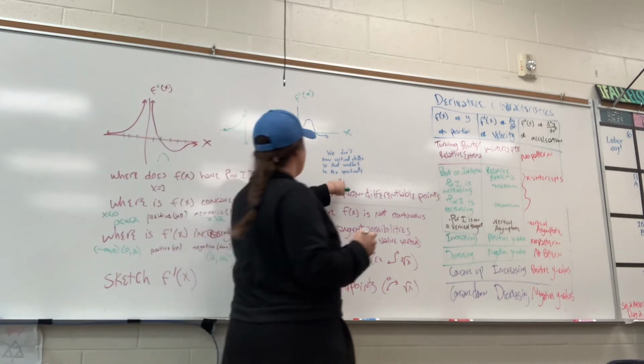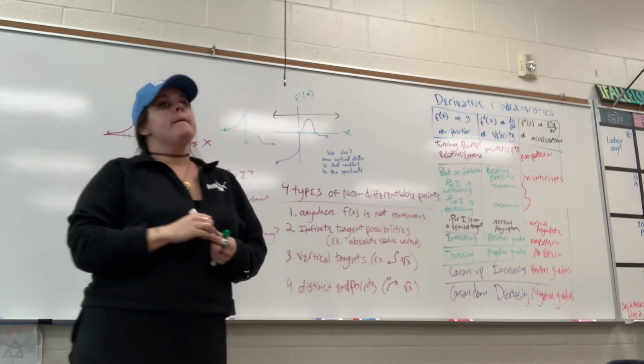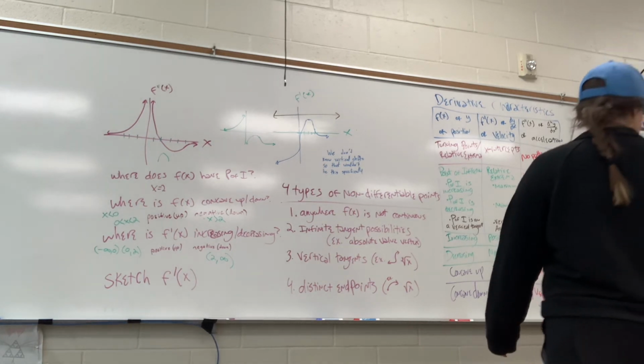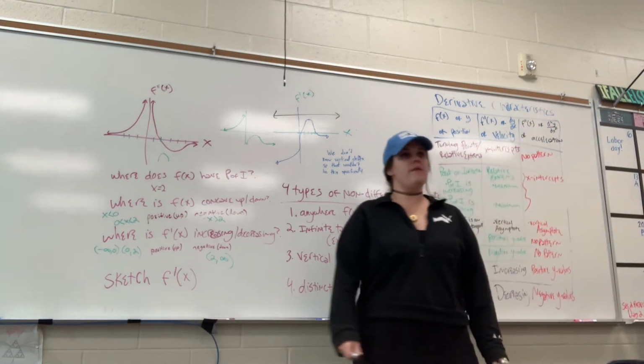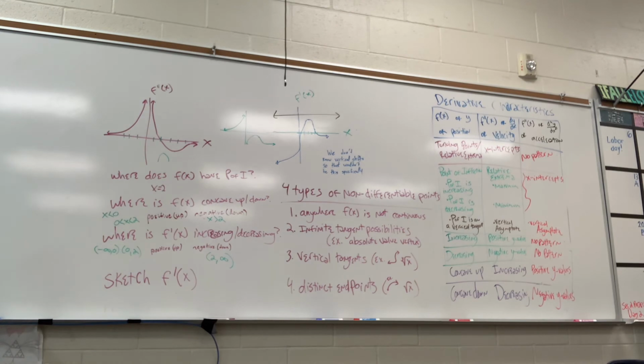Because it could have a vertical shift, we don't know, right? But would it matter where the x-axis was if I now wanted you to draw the original graph? Yes or no? Talk about that with your neighbor. Would it matter if my x-axis was brown or green if I now said draw F?